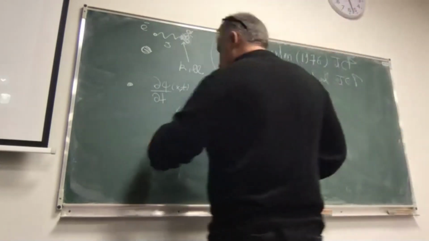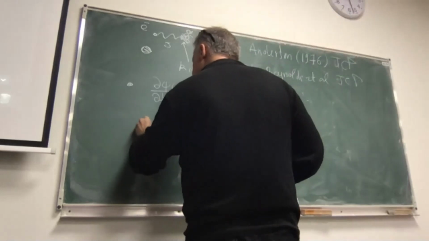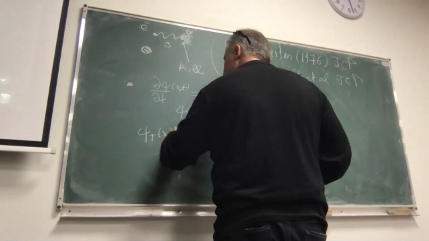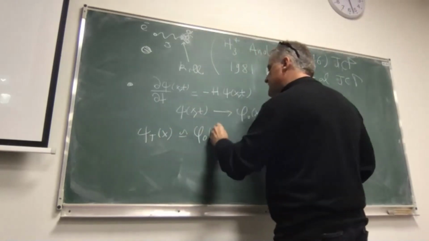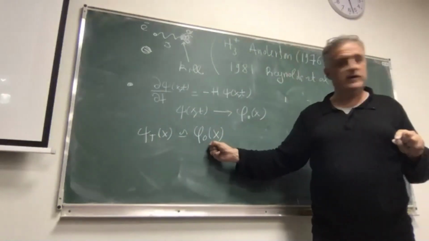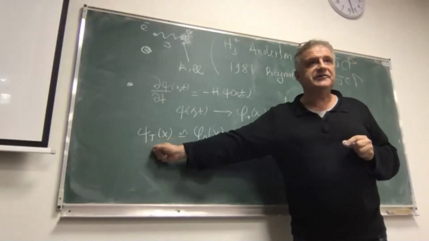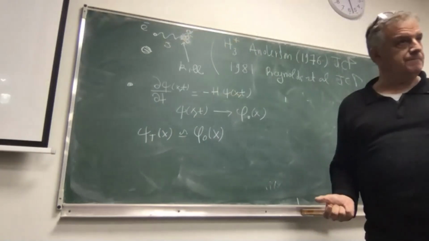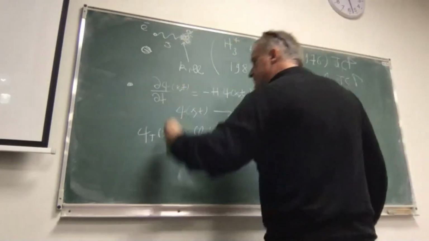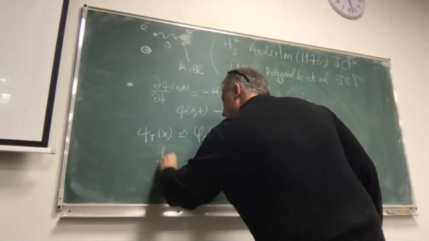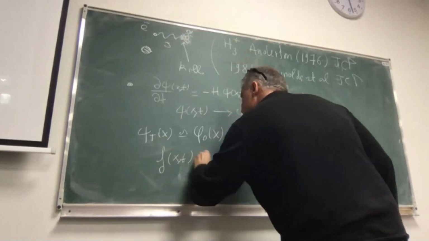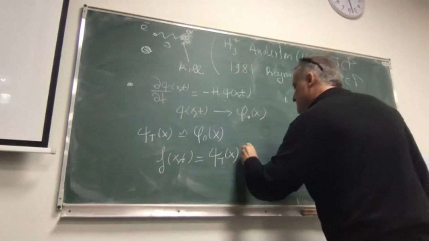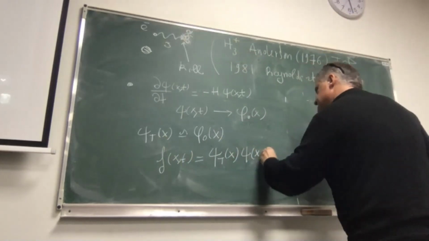What they say is, let's use a trial wave function, which would be a good approximation of phi 0 of x. We don't know phi 0 of x, but we know an approximation, Hartree-Fock, CPC wave function, or whatever we want. And instead of using f, we introduce a density F, which is a product of psi t of x and psi of x, t.